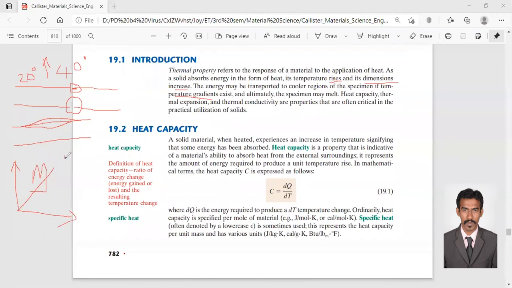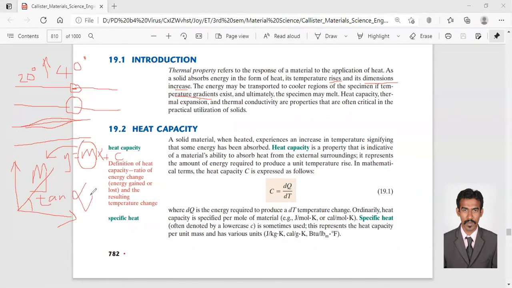If your graph is y equals mx plus c, this m is known as the gradient. This gradient is the slope of the line with the x-axis. In other words, we will say it is tan alpha also.